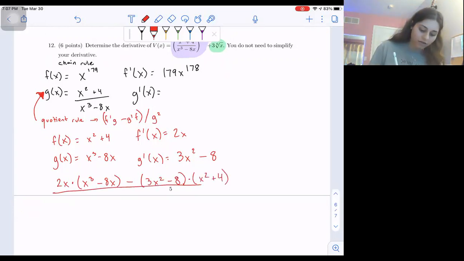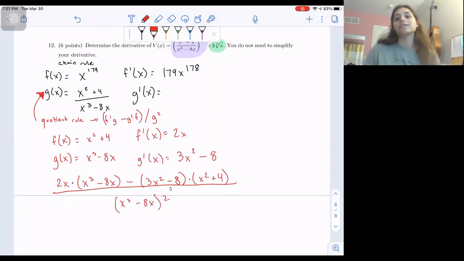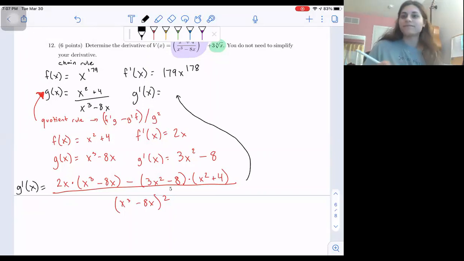And that is all over g squared, which is x cubed minus 8x parentheses squared. All of that is equivalent to g prime x, the black one. So I don't even want to rewrite it. So yeah, this one is also right there.